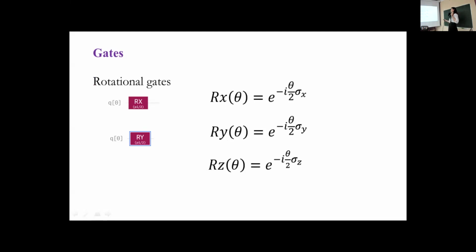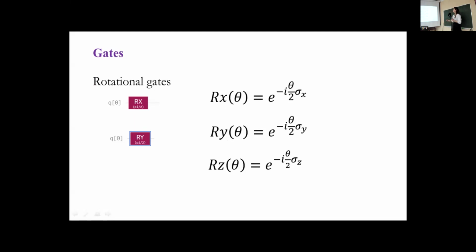And very often in quantum programming, to model quantum systems, spin systems, with quantum computing, we use rotational gates. They are Rx, Ry, Rz gates, which means that we have rotation around the X, Y, and Z axis.